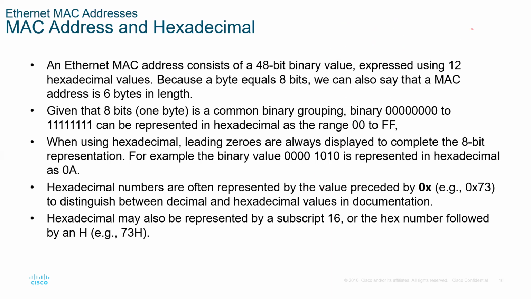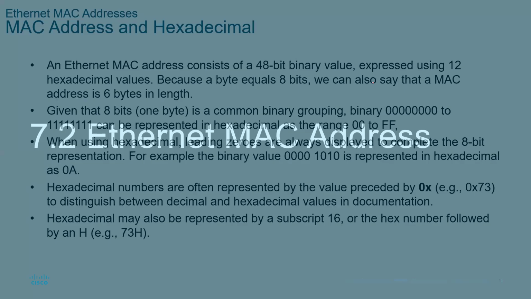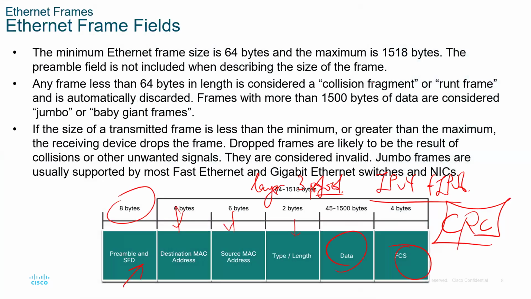Hexadecimal numbers are often represented by a value preceded by 0x, e.g. 0x73. So a perfect example of this, let me go back to the type.